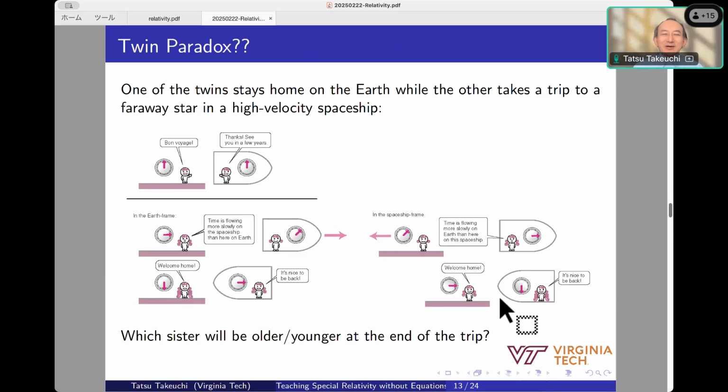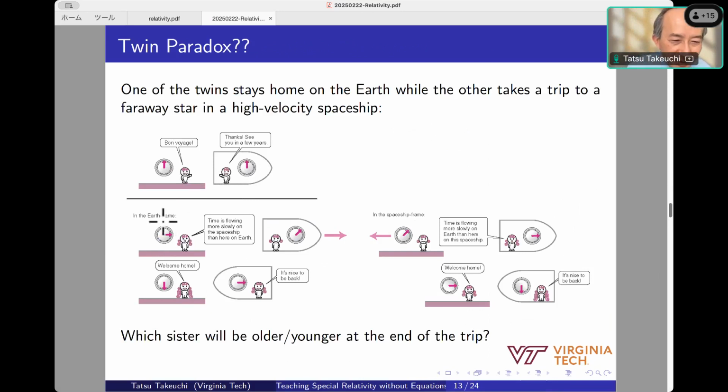Okay, so this leads to the twin paradox. Imagine that you have twin siblings, and one sister stays on the Earth, and let's assume that the other sister takes a trip to outer space on a rocket ship, which is moving very, very fast.